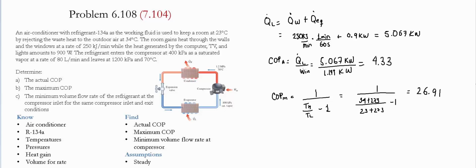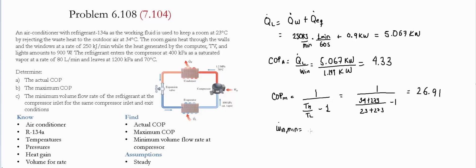The next step is to evaluate the minimum volume flow rate. We're going to work our way backwards. We're going to first find the minimum value of the power. That is found using the maximum coefficient of performance and the value of Q dot L, which is a fixed constraint in our problem.